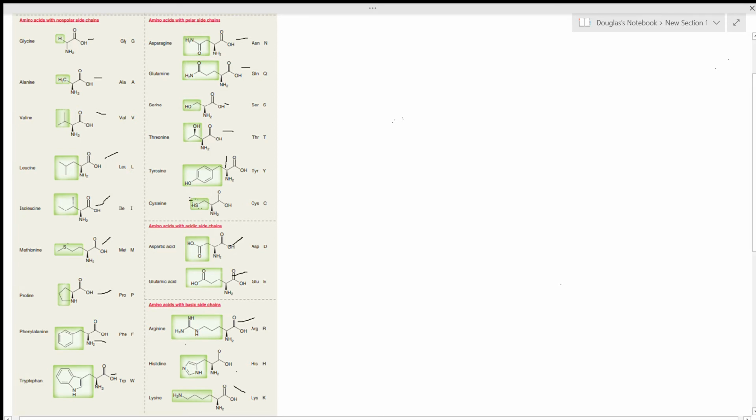So for this reason, this amino acid is considered polar, because that sulfur will have a negative charge on it. Basically, you want to treat the sulfur as an OH group. That's my tip for you.